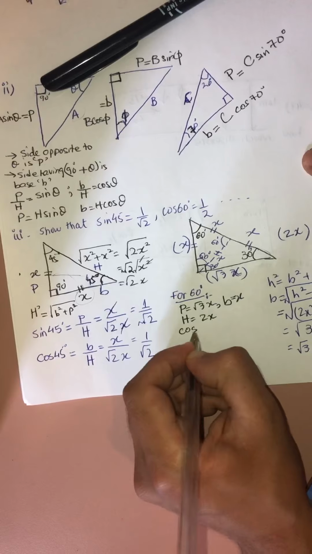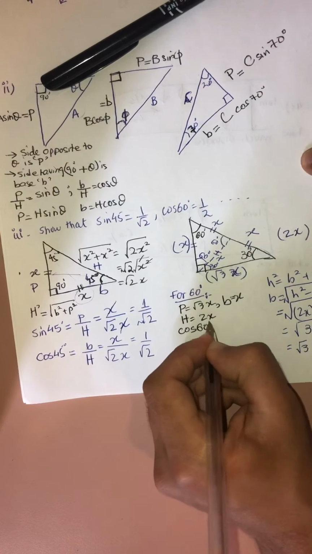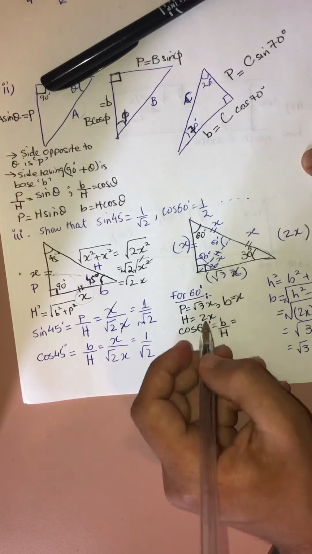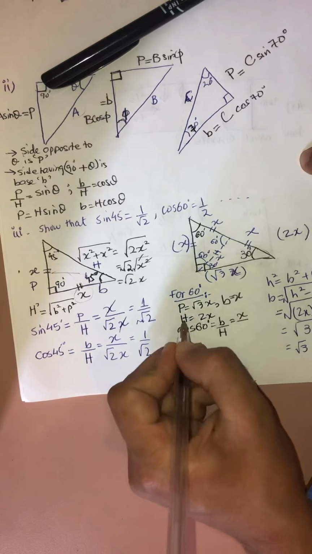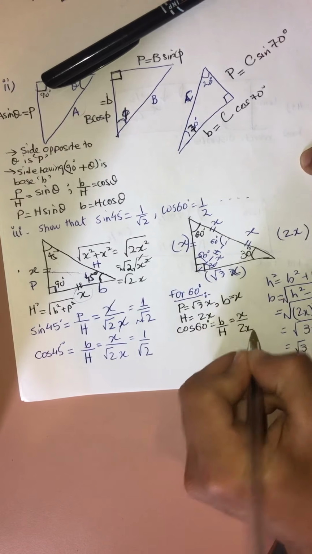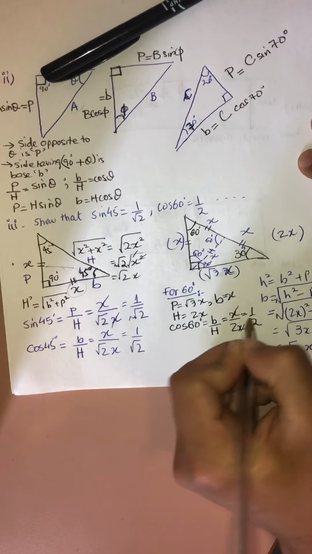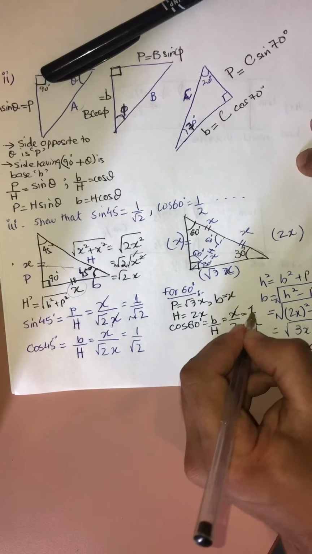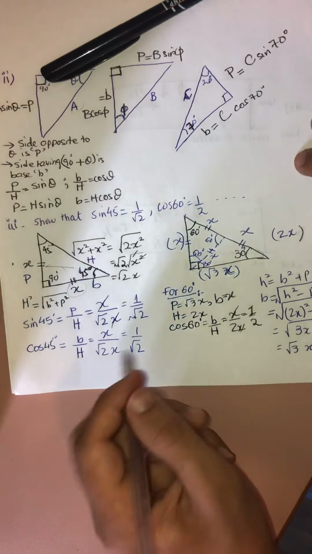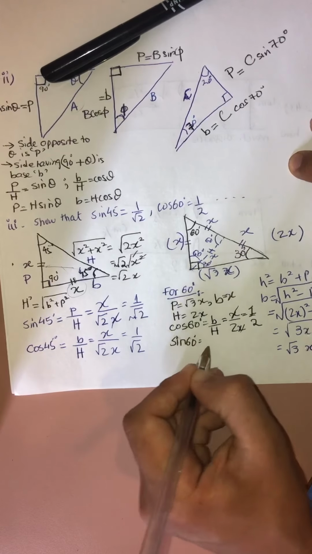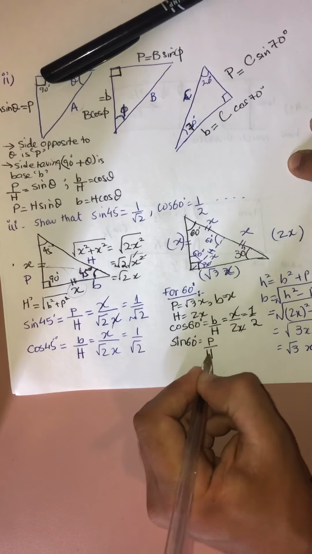So cos 60 is equal to base divided by hypotenuse. This gives base x divided by hypotenuse 2x. The x gets cancelled, so 1 over 2. So cos 60 is 1 over 2. Similarly, sine 60 is equal to perpendicular divided by hypotenuse.